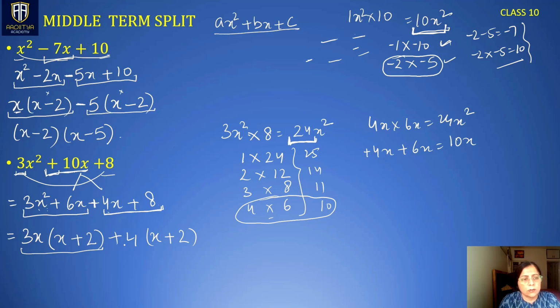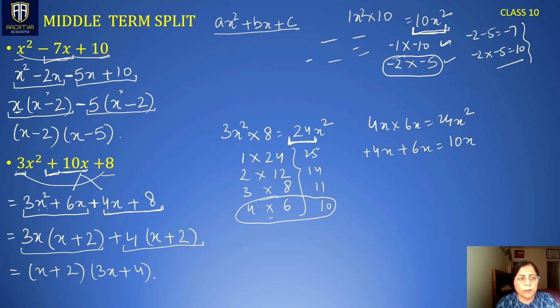So now we have got two expressions or two terms in this expression, which have the x plus 2 bracket common to both of them. So I take x plus 2 common. Then we are left with 3x plus 4 in the second bracket. Right? So this is the factorization of the second expression.